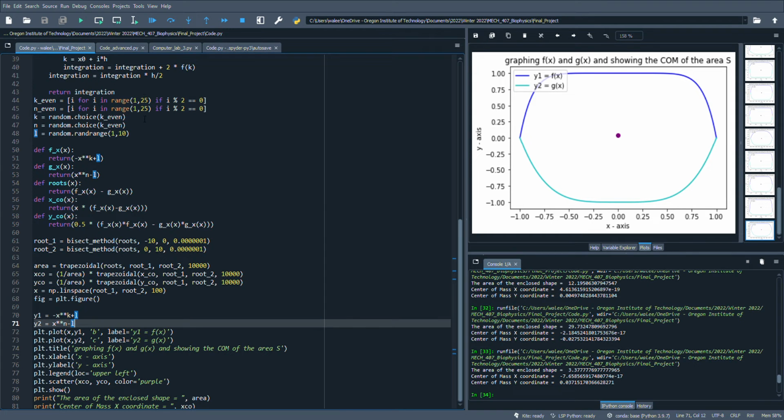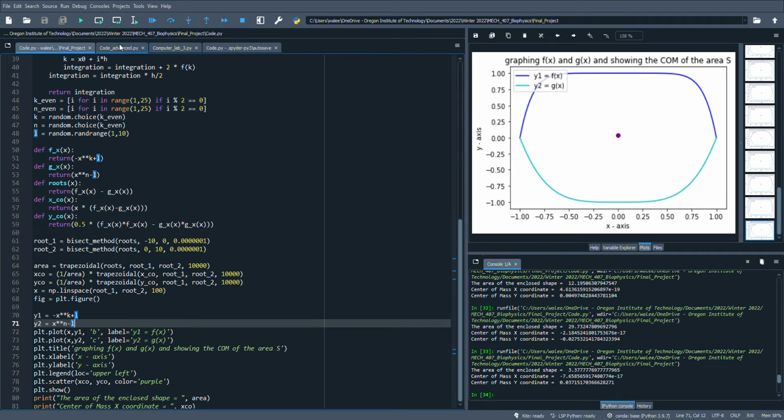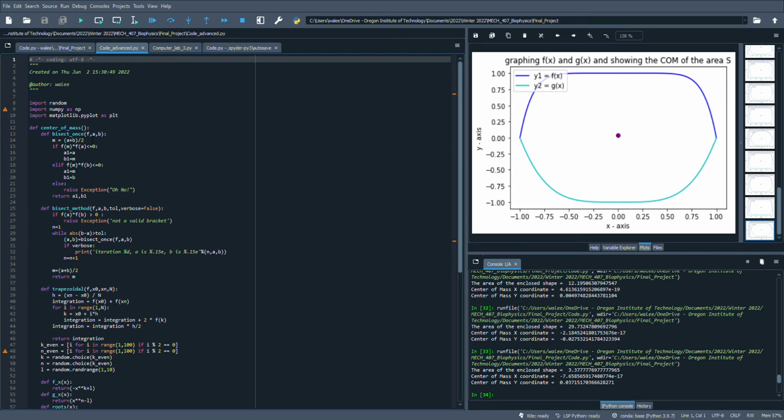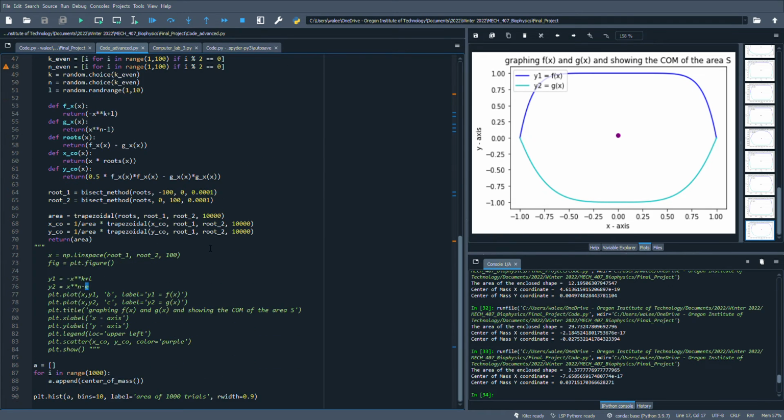So I decided to take it to the next level. I moved everything I have in here into a function called center of mass. What this function returns is the area.